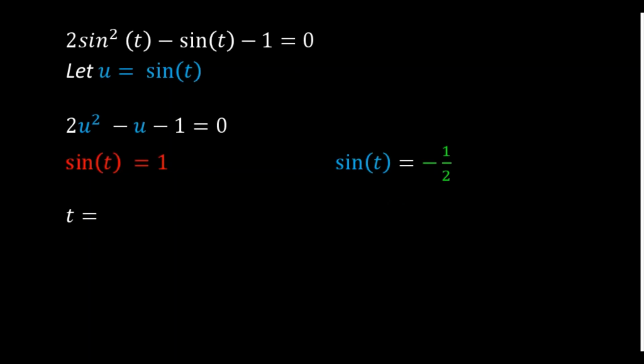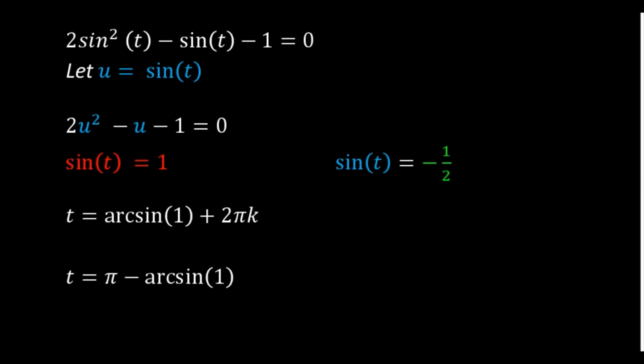So instead of x we have t, and instead of a we have 1. So according to that formula, we'll have t equals arc sine of a, which is arc sine of 1, plus the period 2 pi k. And t equals pi minus arc sine of a, which is arc sine of 1, plus the period 2 pi k.